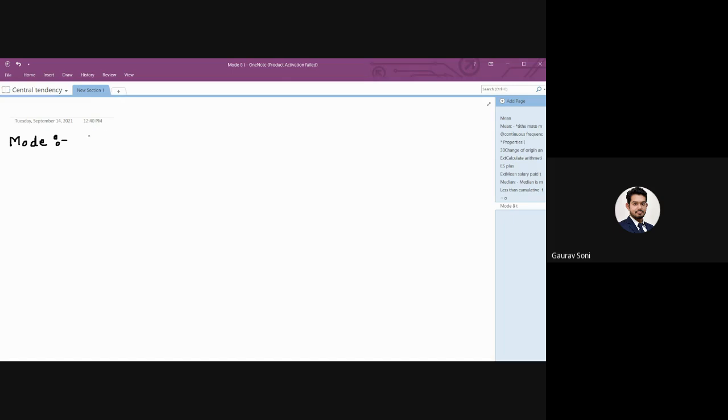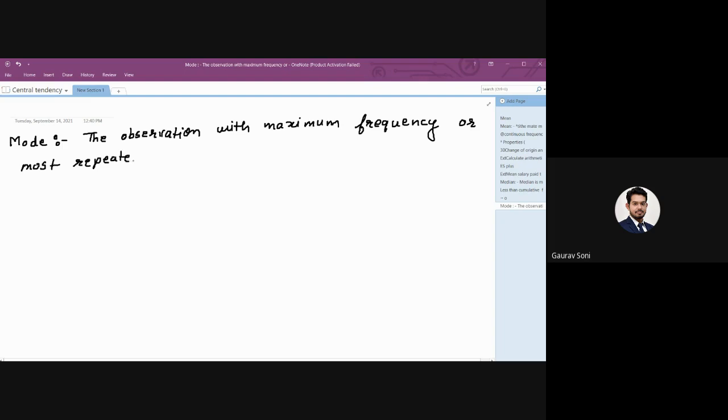So the observation with maximum frequency, or the most repeated observation. If it is the raw data, then you can directly give the answer.